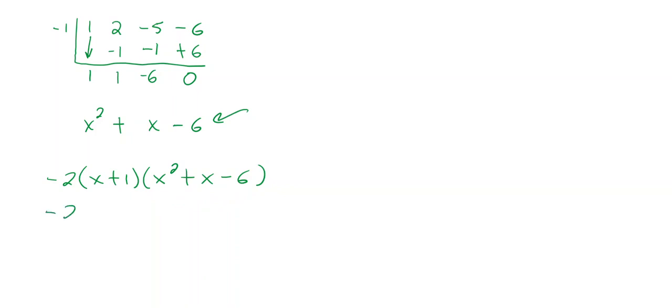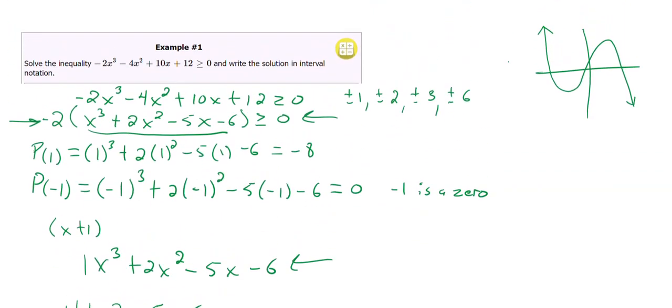So let's see if we can. So this would be 2x plus 1. And then we're looking for numbers that multiply to 6 and add to 1. So this will be x plus 3 and x minus 2. All right, so there we go. We are factored, right? So we have completely factored this expression.